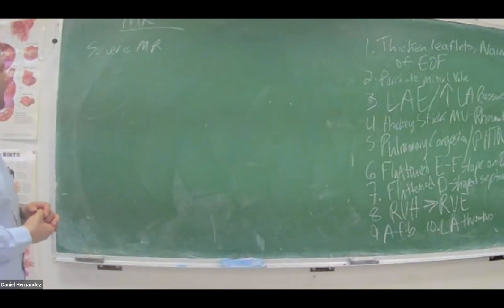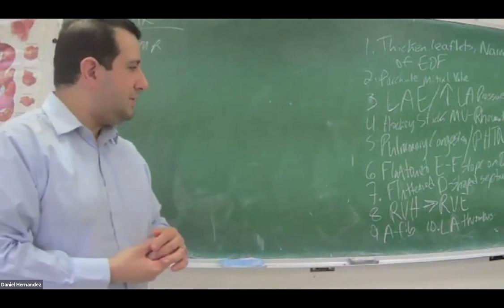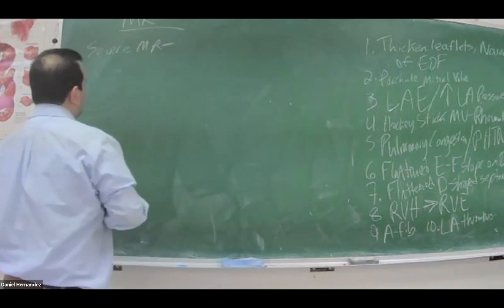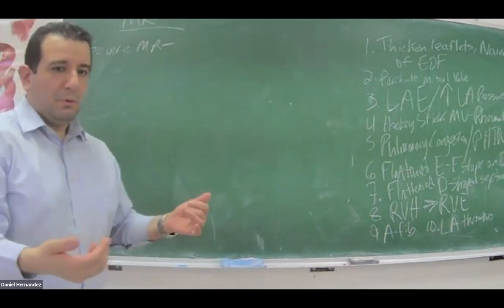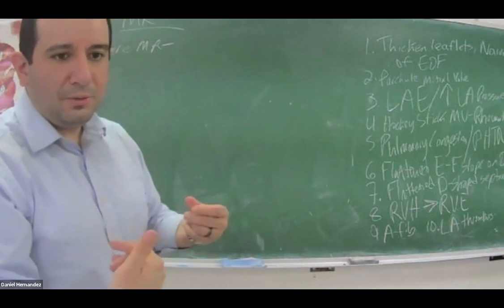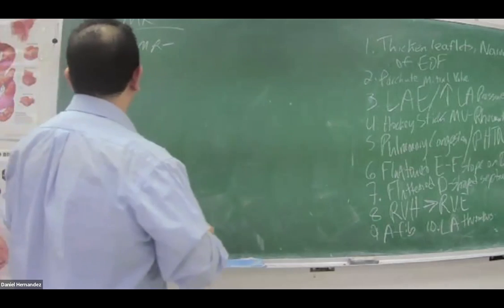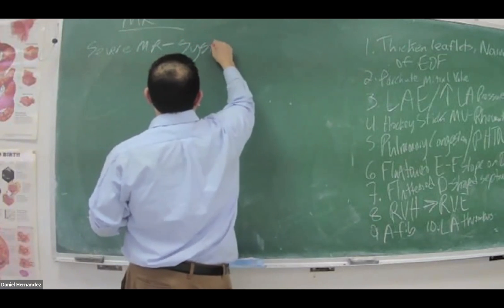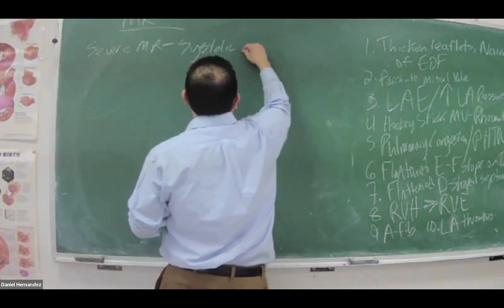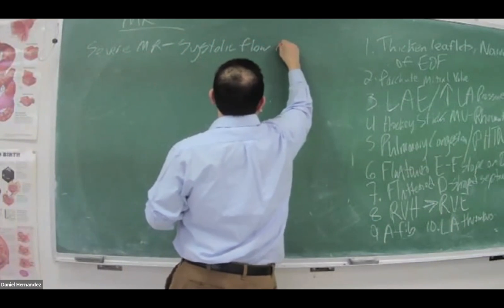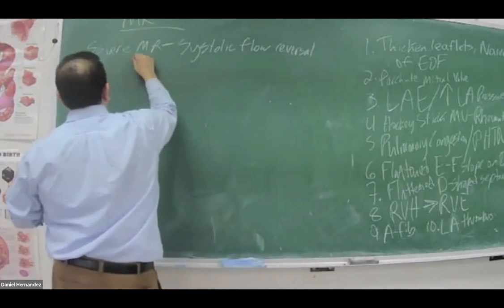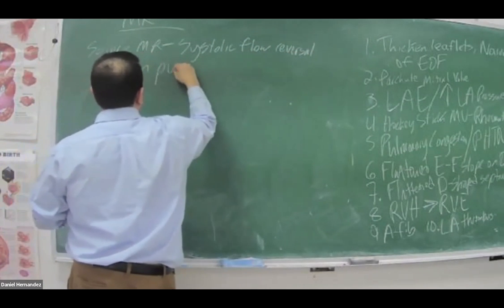But one of the things that we're going to look for with severe MR is regurgitation or reversal of flow in the pulmonary veins. So with severe MR, we're going to see systolic flow reversal in the pulmonary veins.